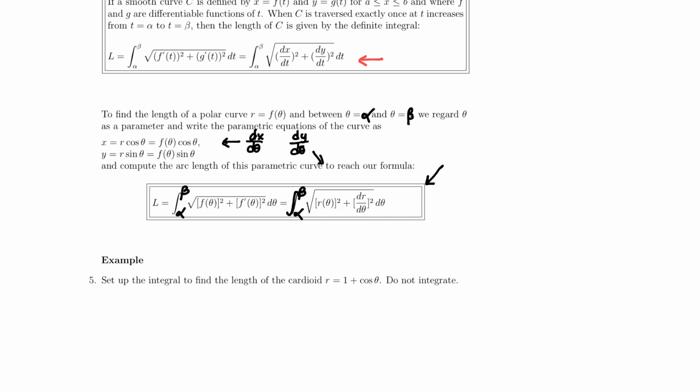of the square root of r squared plus dr/d theta squared, d theta. So the length of a curve from angle alpha to beta is going to be the integral of the square root of r of theta squared, your radius function squared, plus the derivative of r with respect to theta squared, d theta.